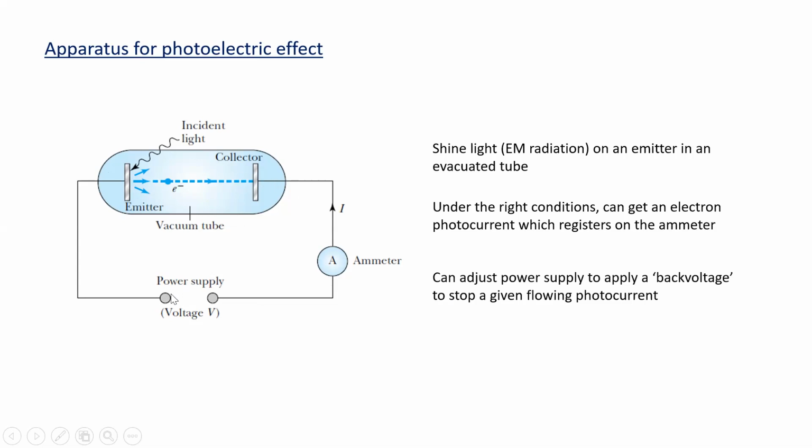And if we apply a back voltage, that will stop the photocurrent from flowing. And we use that back voltage to measure the maximum energy of the voltage here that causes the current to flow, and therefore the maximum kinetic energy of electrons going across this tube.